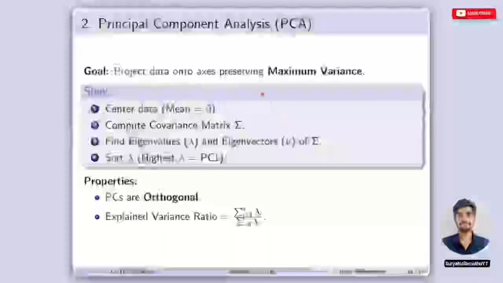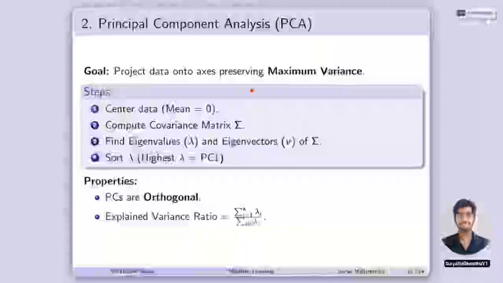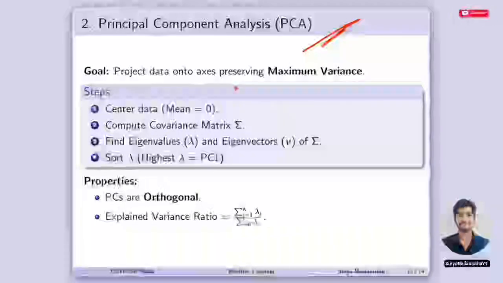Next, principal component analysis. There is a chance to get a question on principal component analysis. The goal of principal component analysis is preserving the maximum variance. We project the data onto axes preserving maximum variance. The steps are: make the mean 0, compute the covariance matrix, and then find the eigenvalues and eigenvectors of the covariance matrix.